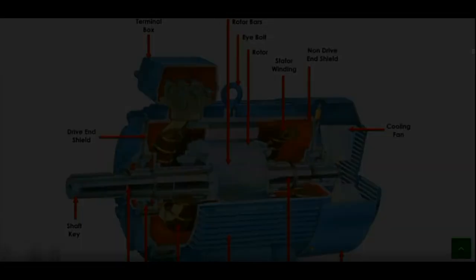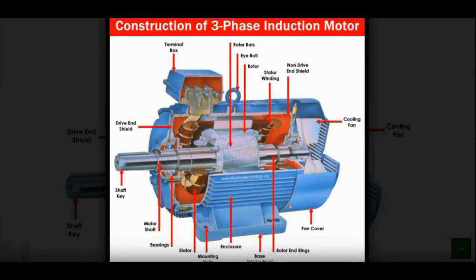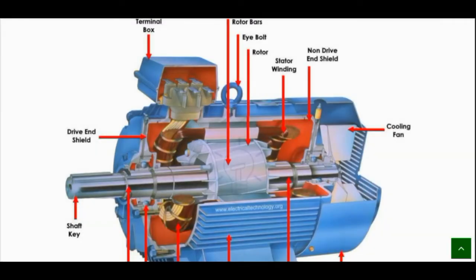This is the shaft key. This shaft key is on the shaft of the induction motor to hold the pulley, and on the pulley there is a belt to move mechanical parts.